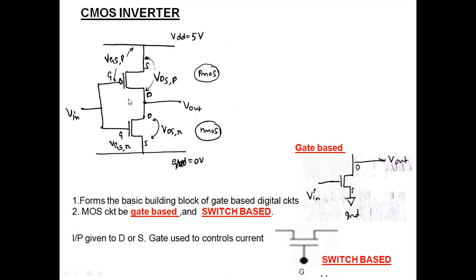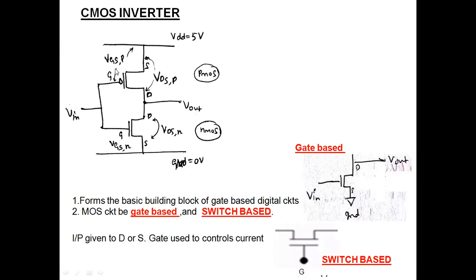If these two devices are on, they offer low resistance, hence we have a direct contact between high potential and low potential, and current can easily flow through it. So we have the nature of the DC curves of a CMOS inverter along with the circuit. The circuit is as shown here, and we have represented different voltages.